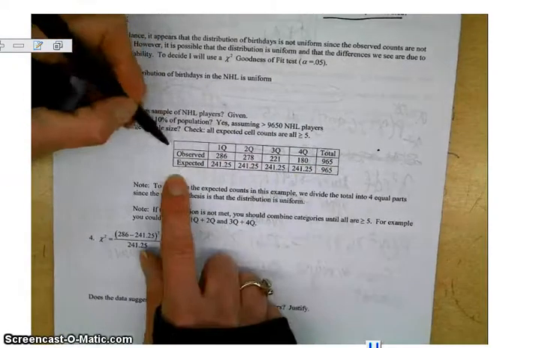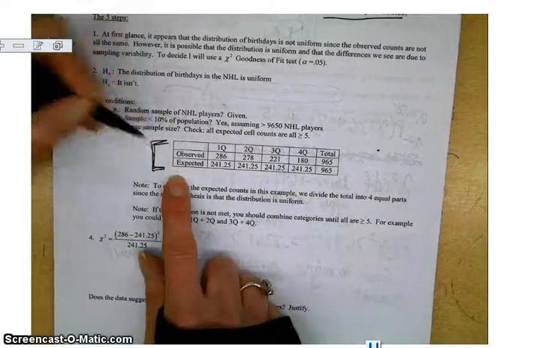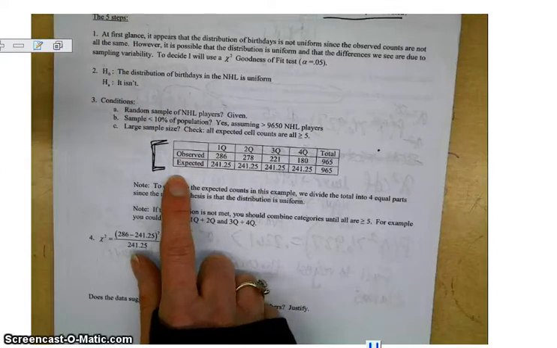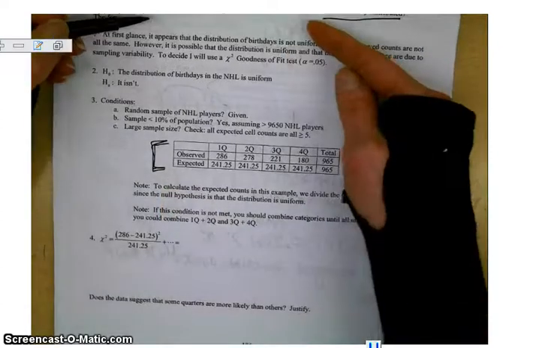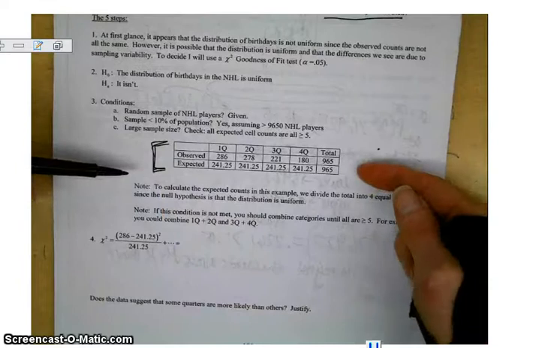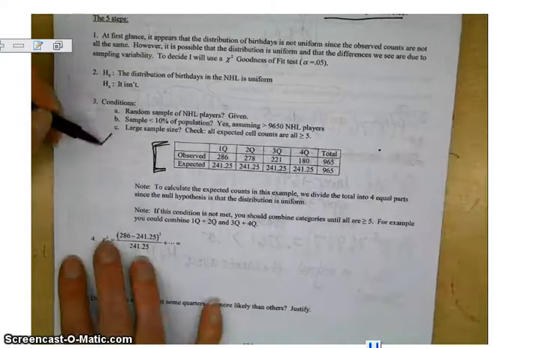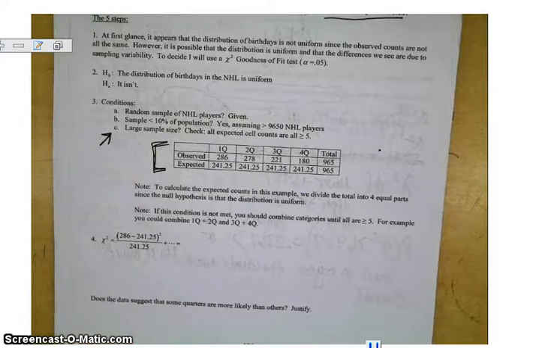This is a two-way table, and this is the type you have to make on your chi-square test. You need to provide this information in your test. You can do it at the beginning, or down here in the conditions, but the conditions is an ideal place to do it because of the large sample size. We'll talk about that in a minute.